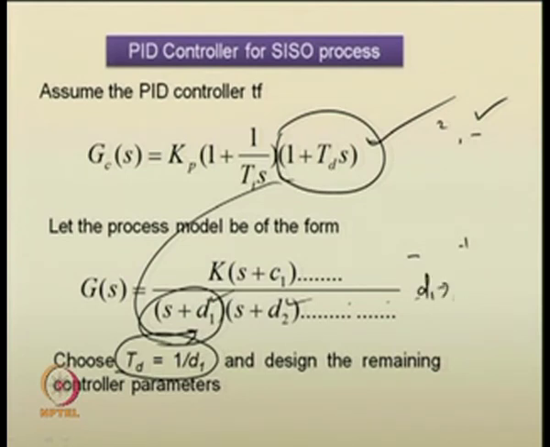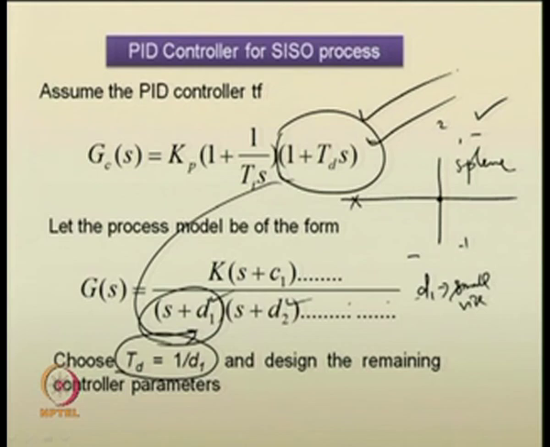In that case, we are assuming that a pole located far up in the left half from the origin of the s plane is cancelled with the derivative term of the series PID controller. Then we can make use of a series form of PID controller and an all pole process model to design controllers using the standard form.